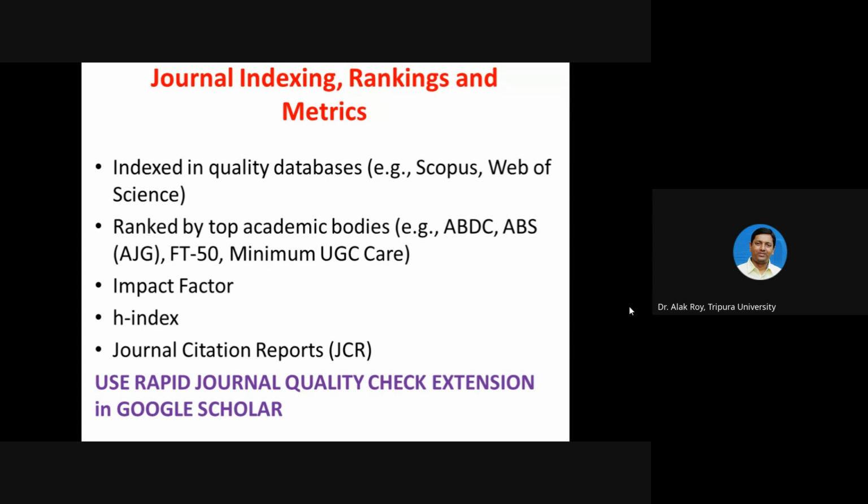They categorize journals into levels of ABS 1, 2, 3, 4, and 4 star. 4 star are the top journals, and from your domain you will find hardly 4 to 5 journals in 4 star, and another 3 to 4 journals in 4. Even in our context it is the same. If we try to find out in AJG 4 star, in our marketing, we have only 5 journals. In 4, we have only 2 journals. So this is the case.